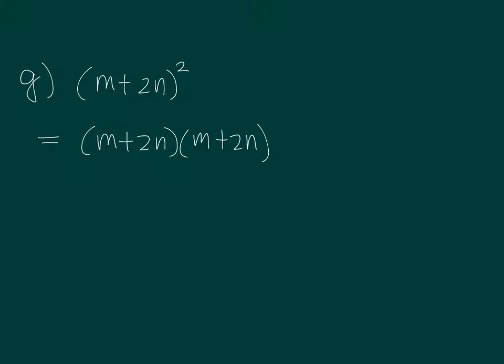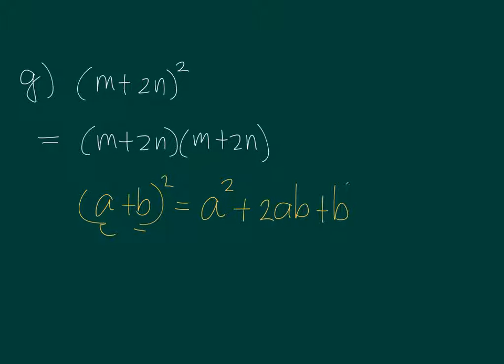Now, just to have a recall or a review, if we have a plus b squared, we said that this is equivalent to the square of a plus twice the product of a and b, so ab, and then b squared, or the square of the second term.